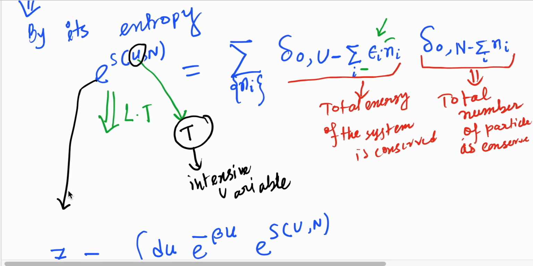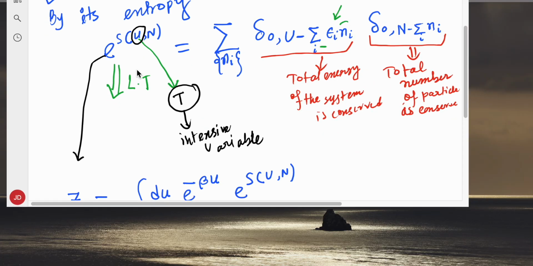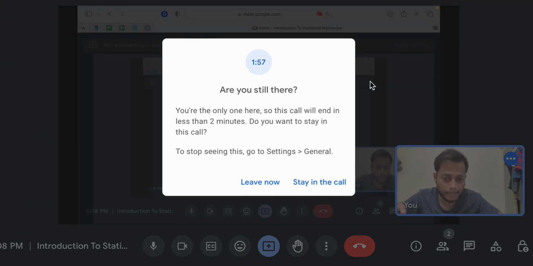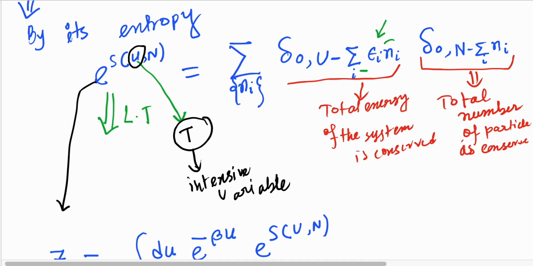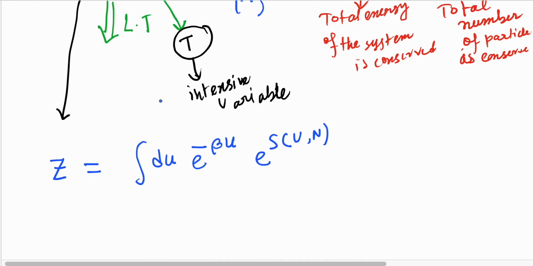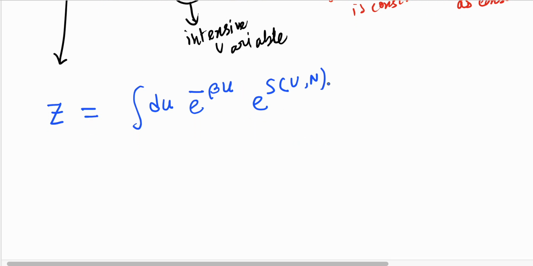So Z is nothing but the Legendre transformation of this quantity.